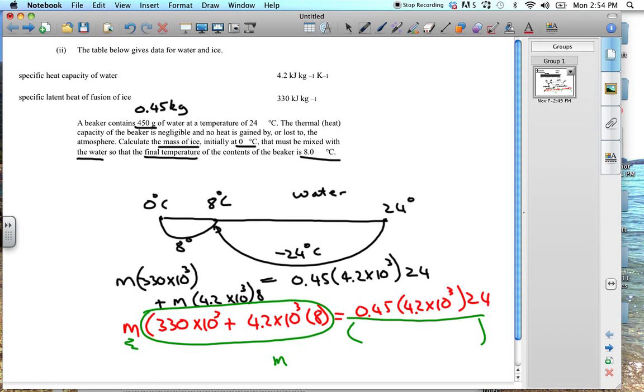So we can work it out then. Let's put it all into our calculator. We're going to need some brackets. So I open up my brackets and put that in. That's 0.45 times 4.2 exponent 3 times 24.